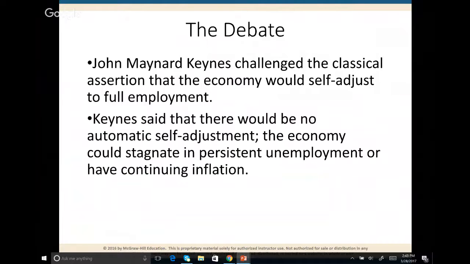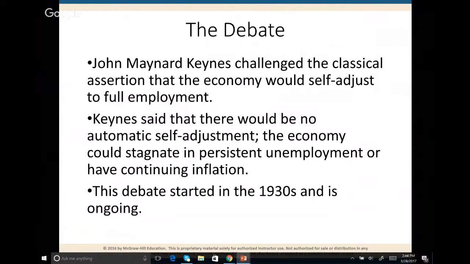And then in the 1930s, we had this economist. His name was John Maynard Keynes, and Keynes said that the classical assertion that the economy would self-adjust is wrong. That the economy wouldn't self-adjust, and if something happened, the economy would actually be getting worse and worse and worse. And it was during the Great Depression that Keynes really had a good theory, because for the economy, it's more than just your supply, demand, your numbers, your price and quantity.